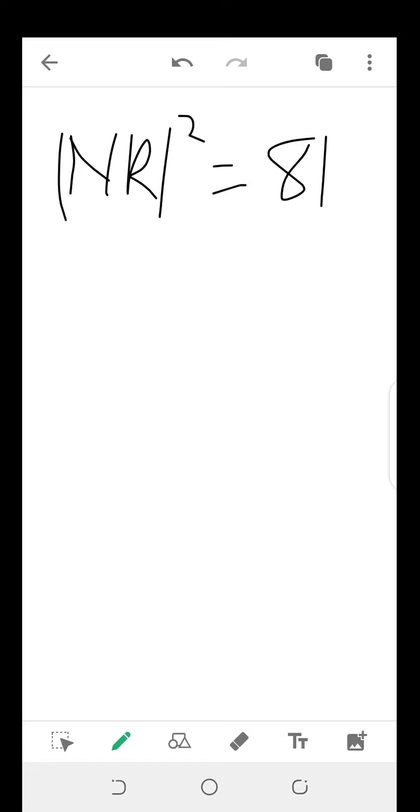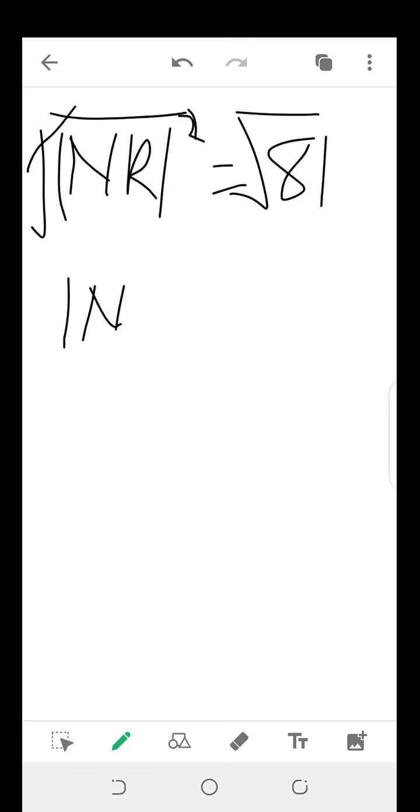We need NR, so we square root both sides. We take away the root on the left and leave the magnitude of NR, and the square root of 81 is equal to 9.